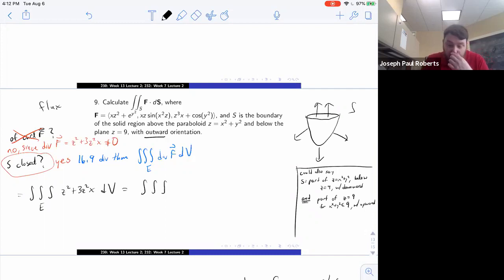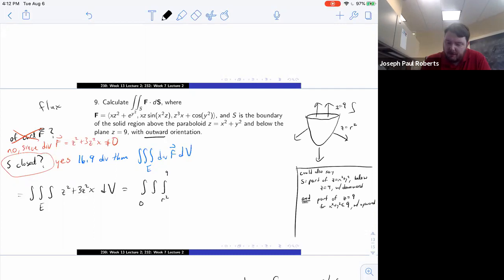But now when you think about, okay, how am I going to do this? I'm going to use cylindrical coordinates where my bottom surface is z equals r squared. My top surface is z equals 9.